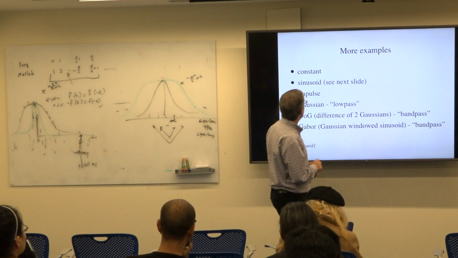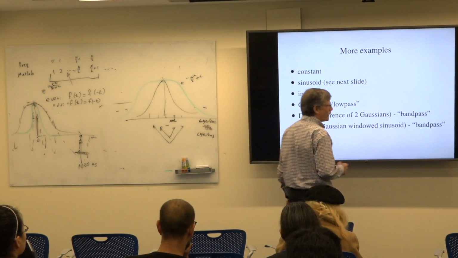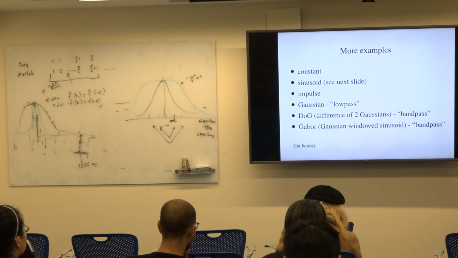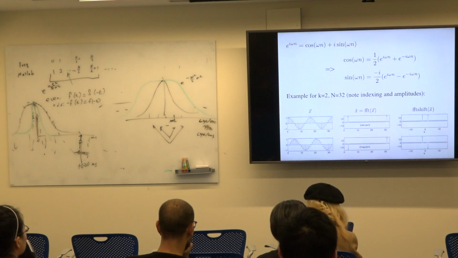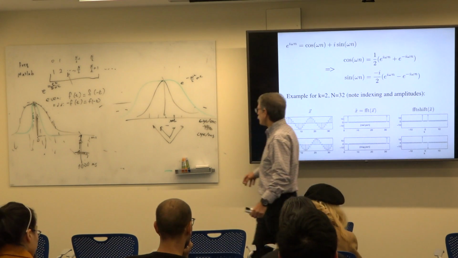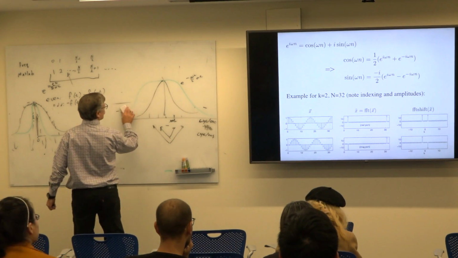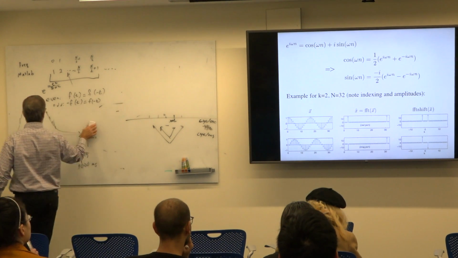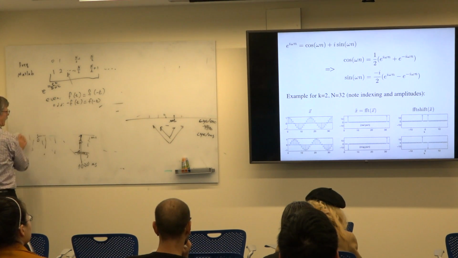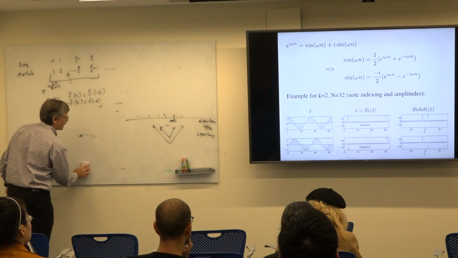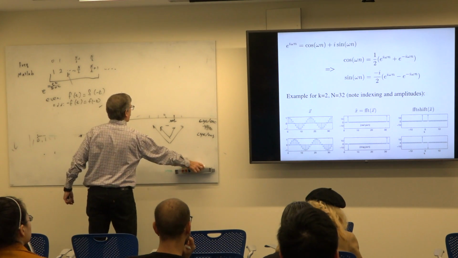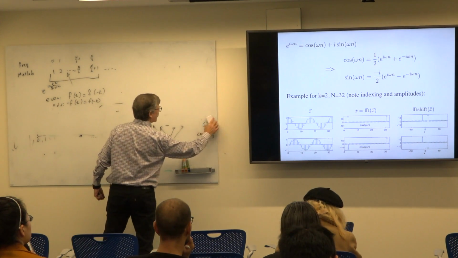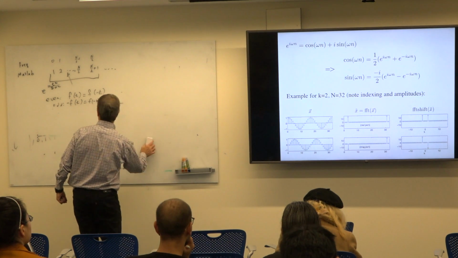Okay, let's go to the simple example, and then we'll come back to this list in a second. So what about if I do a sinusoid? I've got a signal domain over here, and I'm going to have a transform over there. And I want to go back to what you get from MATLAB, so I want to actually label everything correctly.